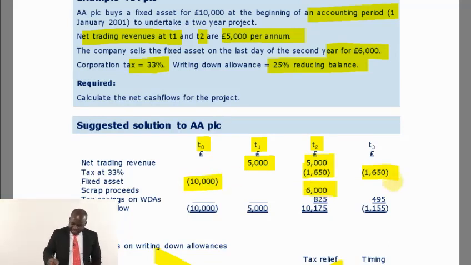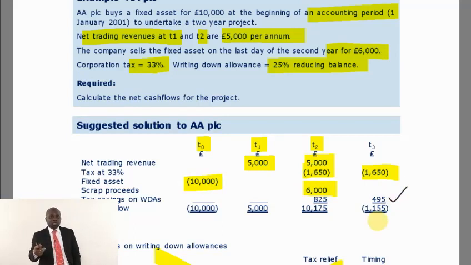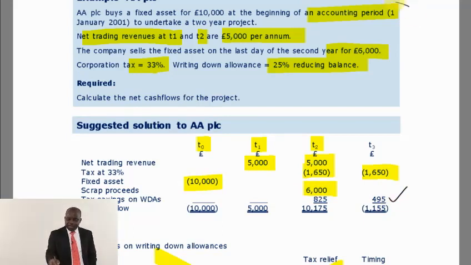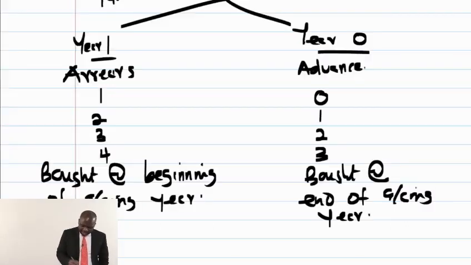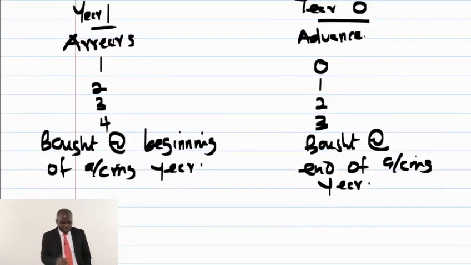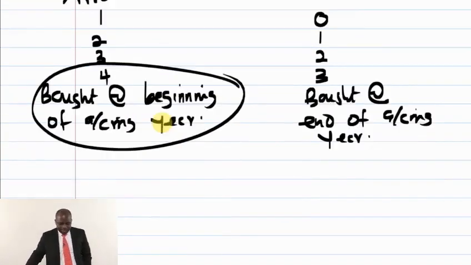What I'm interested in is the capital allowance. When should you claim the capital allowance? Because we started the project at the beginning of the accounting year, capital allowance should be claimed from year 1. So let's calculate the capital allowance. So I'll say my tax savings on capital allowance will be year 1.